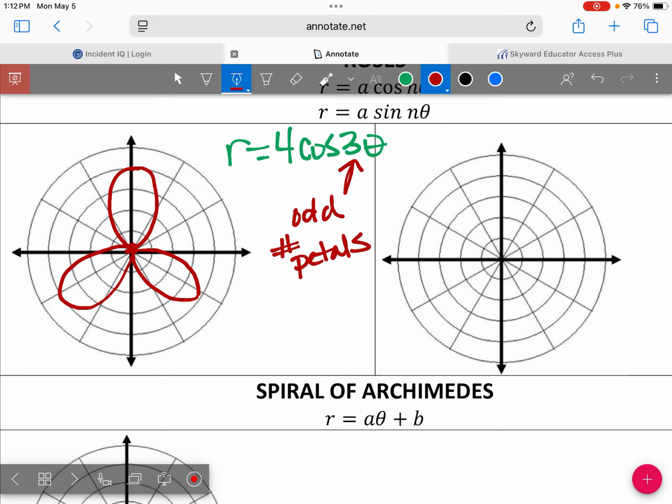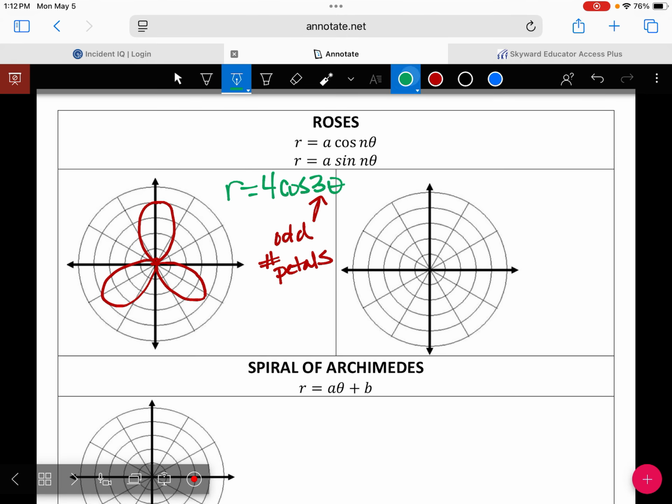So if it was even. If it's even, so let's talk about if it's even. So let's say it's R equals 4 cosine 2 theta. If this is even, the petals double.